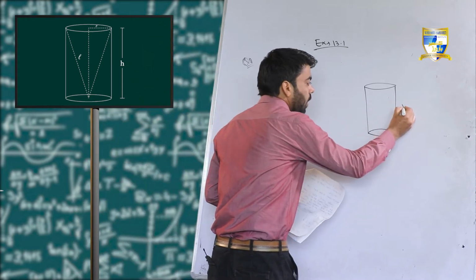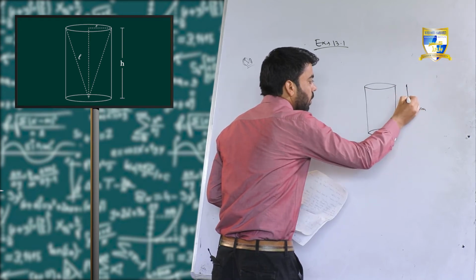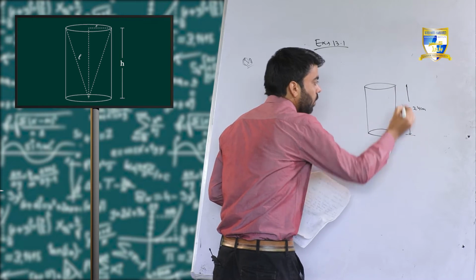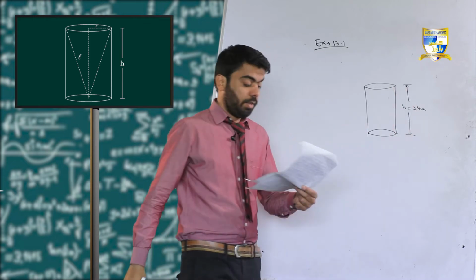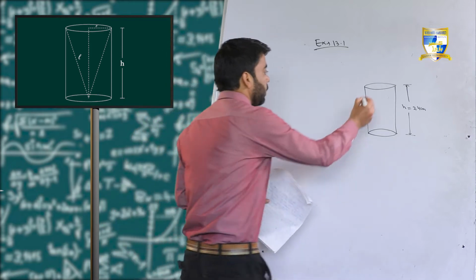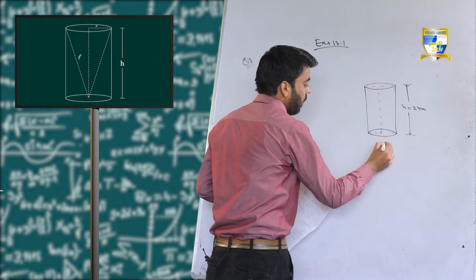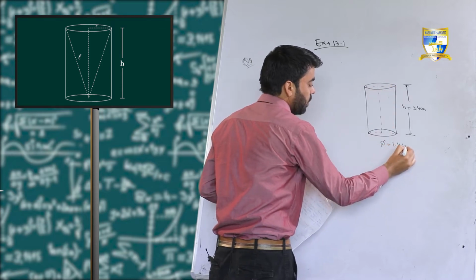So simply, height is equal to 2.4 centimeter. This is the height of the cylinder, and diameter is equal to 1.4 centimeter.